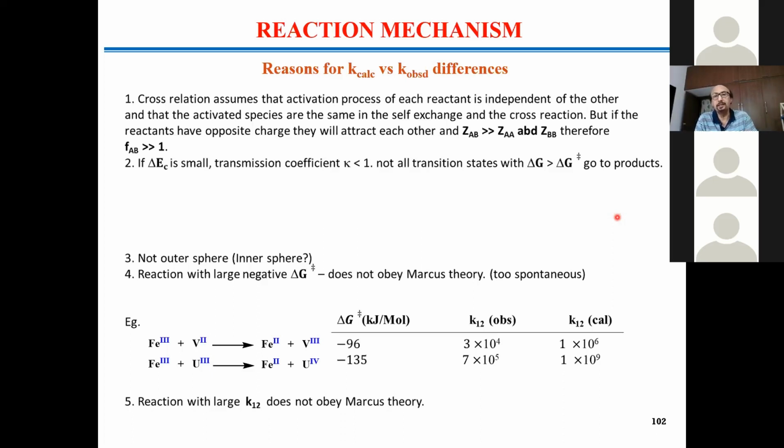So then Marcus figured out what could be the probable factors which did not allow the calculations to reach closer to the experimental in those instances. And then he came up with a certain understanding, which seems to be very logical. One of the points was that the activation process is independent of each other.